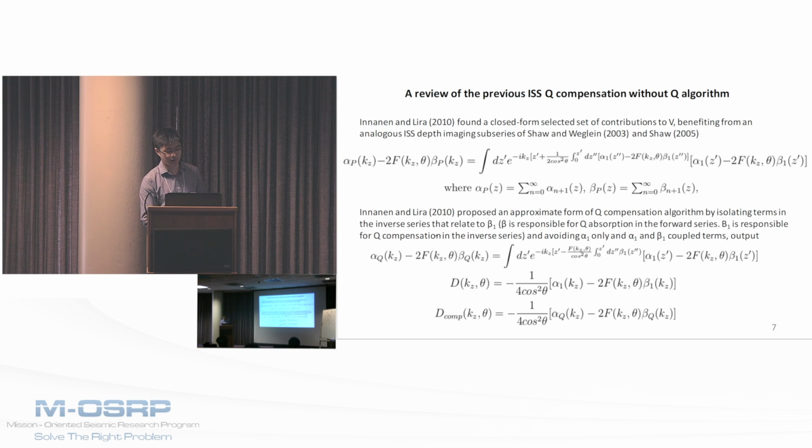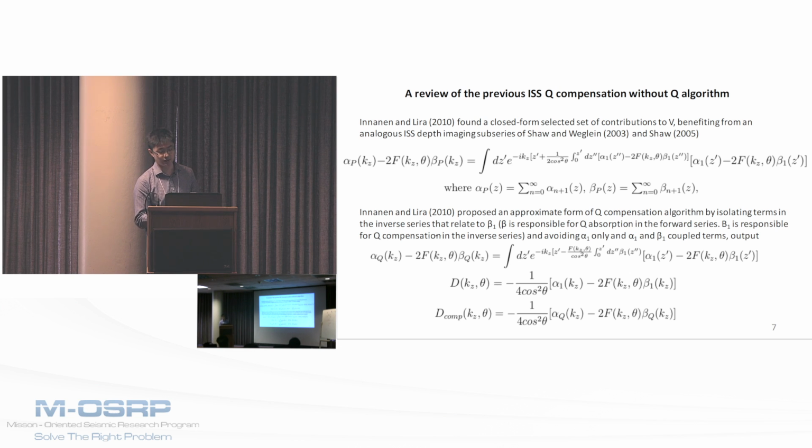In Yanglei and Lira 2010, they isolated a part of the contribution to V which is only related to beta 1. Beta is 1 over Q, and beta is responsible for the Q absorption.